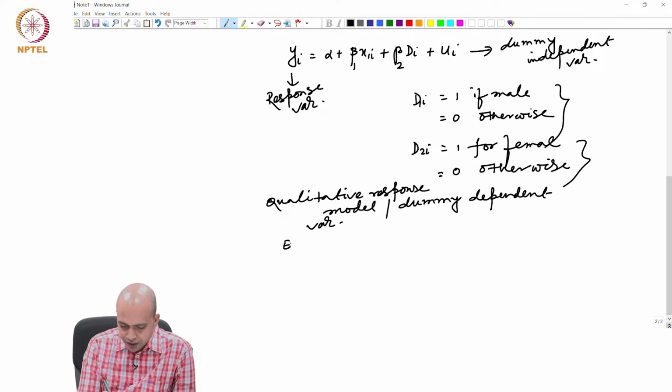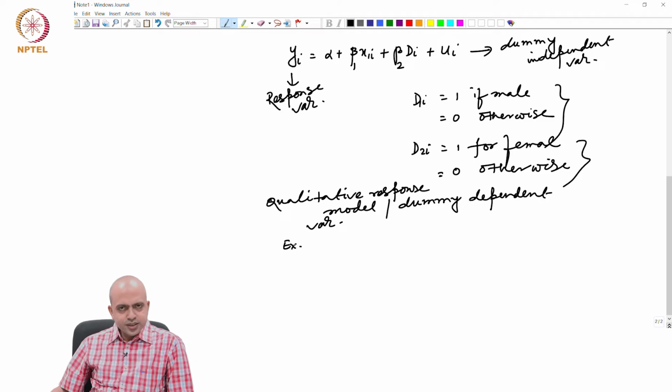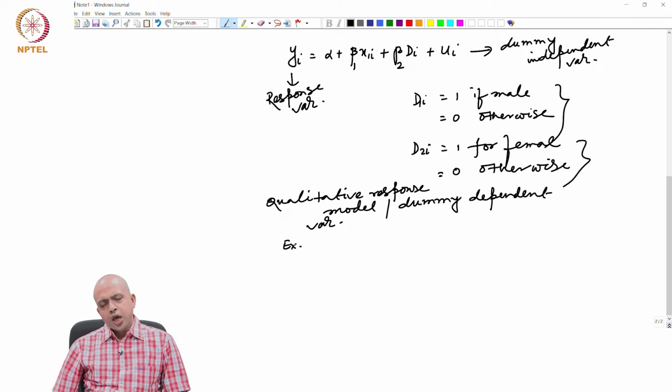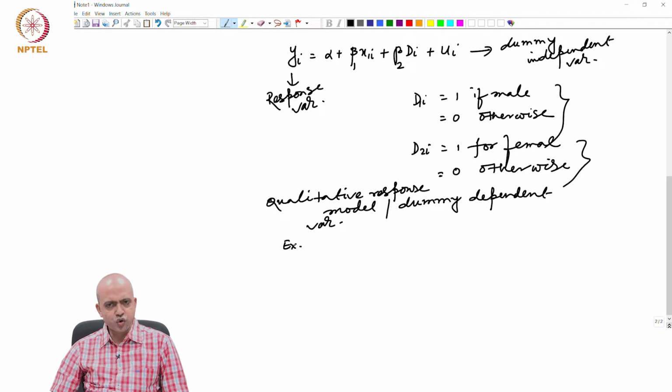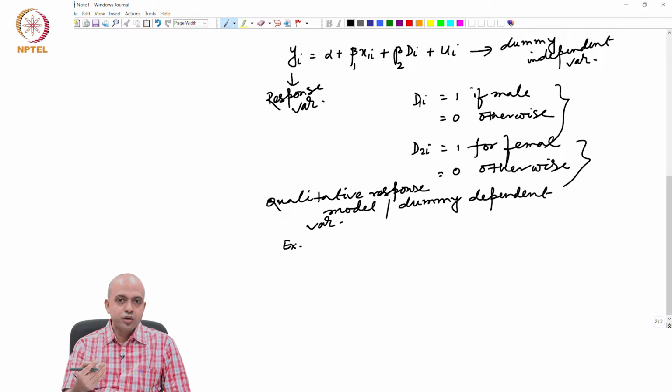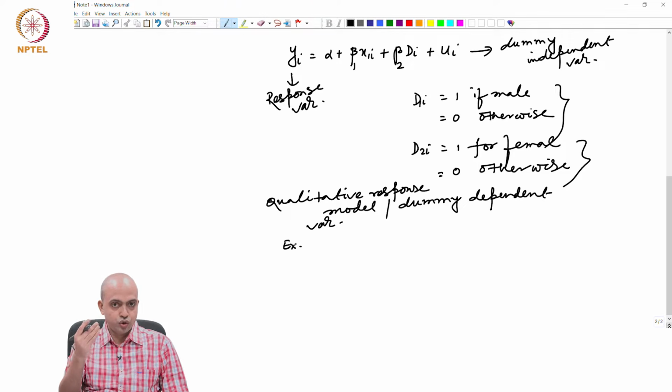For example, let us say that we are interested to see what are the factors that determine whether the individual will have his or her own house or the individual will stay in a rented apartment. What I am saying is, you are interested to estimate the factors that will determine whether an individual will possess his or her own house or not.